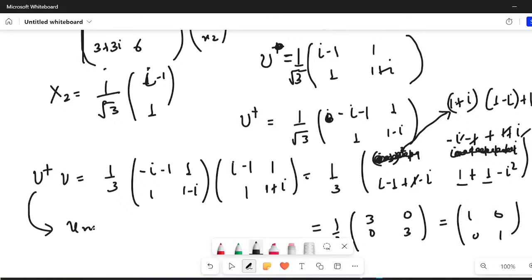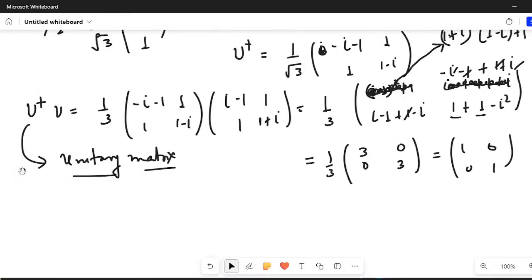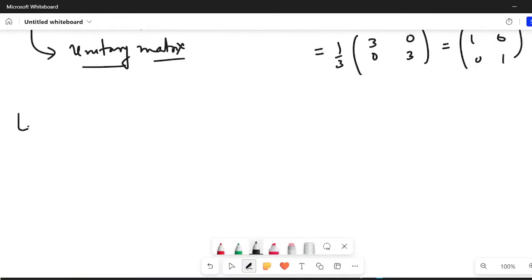This is what I taught you, that for a Hermitian matrix the similarity transformation can be brought about with the help of unitary transformation. Now let us try to diagonalize my matrix A. So U inverse A U, right? And in fact, for a unitary matrix, U dagger U is equal to identity.